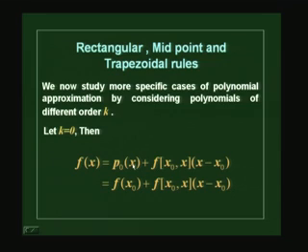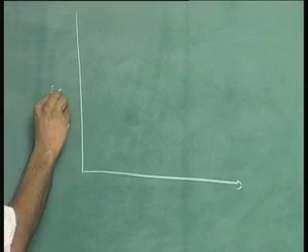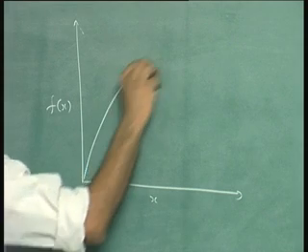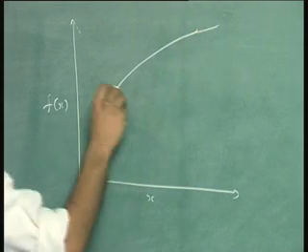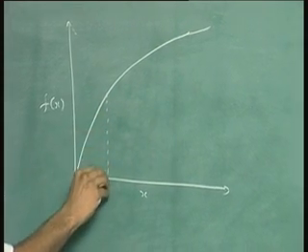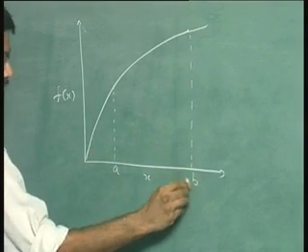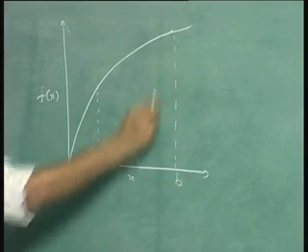So the idea was that if you have a function f of x of this form, and you want to integrate that function between the limits a to b, what we mean by that is actually finding the area under this curve.